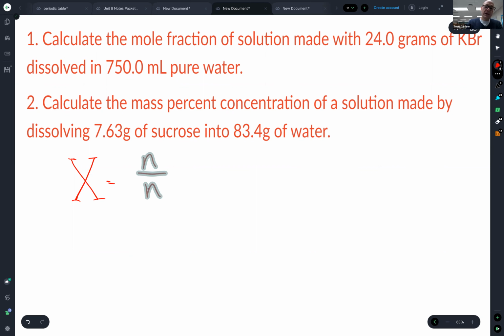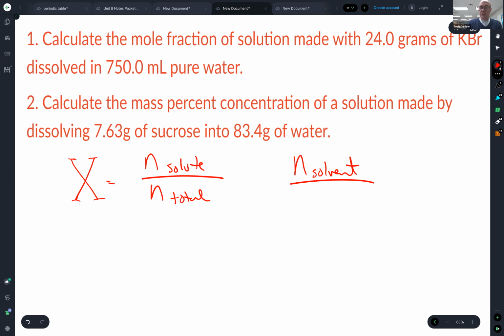So what you have to be specific about is that it's moles of the solute divided by moles total. Now it could also be moles of solvent over moles total. So it depends on what they ask you for. Since there is not a specific value asked, let's just go with the mole solute in this case.